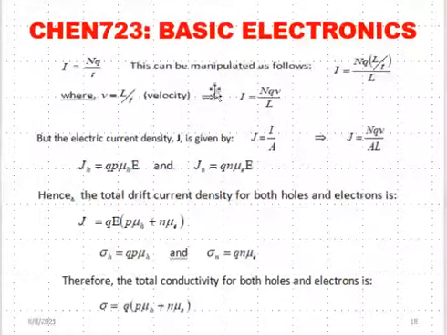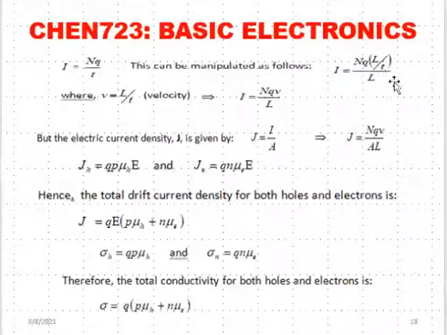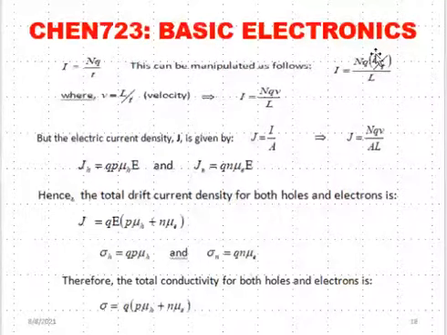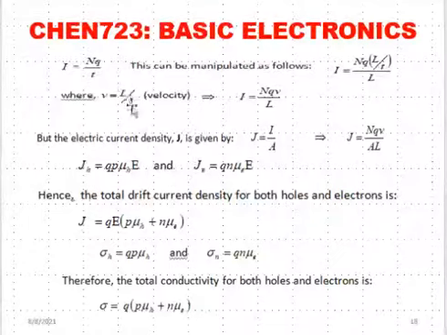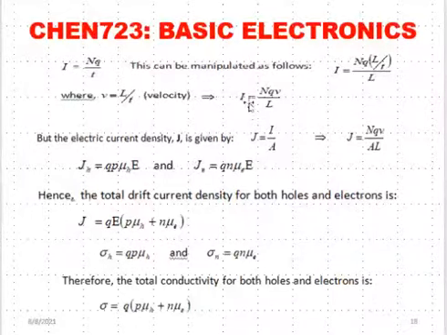So multiplying the two gives the total charge over time. If you wish, you can manipulate this by introducing L, so NQ times L over T, because they can cancel out. So this L over T is the velocity, because it's the distance over time.